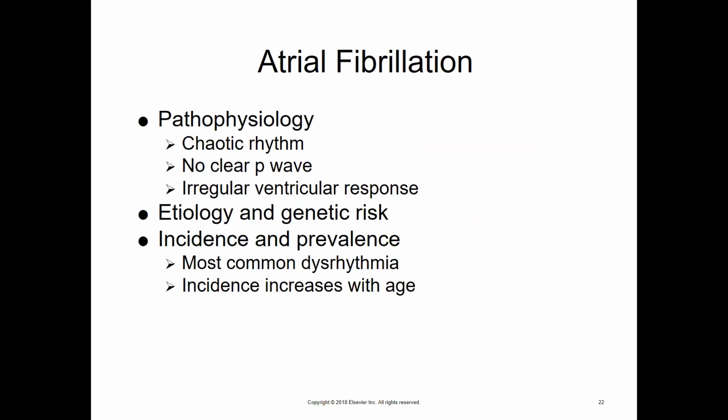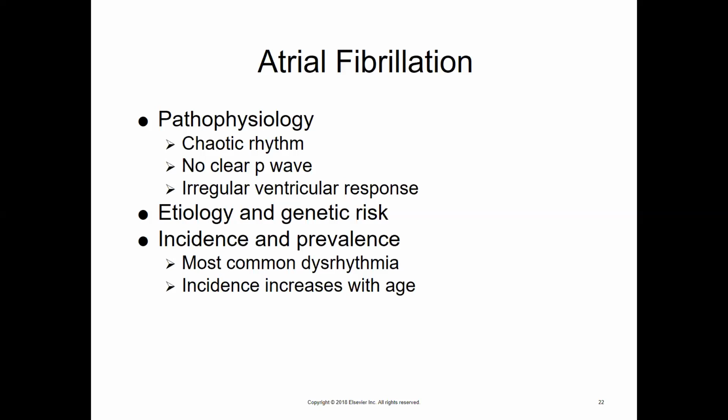Now, this is a rhythm, atrial fibrillation, and this is the most common dysrhythmia seen in clinical practice. Approximately 6.1 million people in the United States are diagnosed with AFib, and AFib can lead to stroke and/or heart failure. The reason is when you have atrial fibrillation, your heart doesn't pump normally.